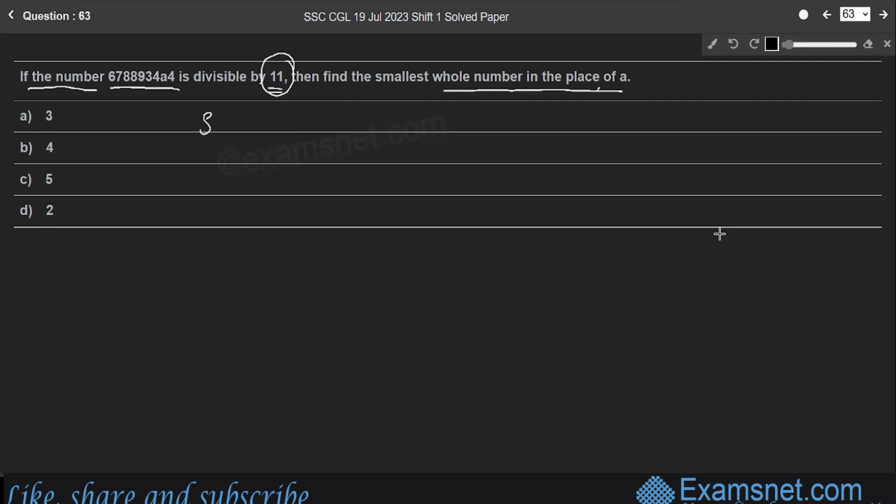Before taking the difference, we take the sum of alternate digits. The first digit is 6, the second is 7, so we take the third digit directly: 6 plus 8, then the fifth digit 9, then the seventh digit, and 4 is the last.